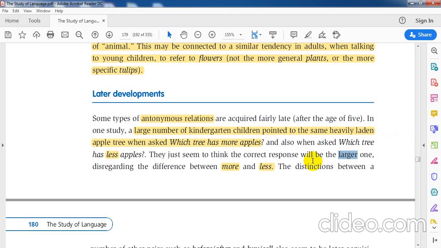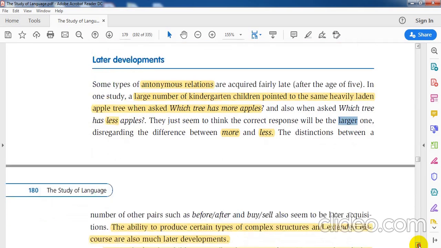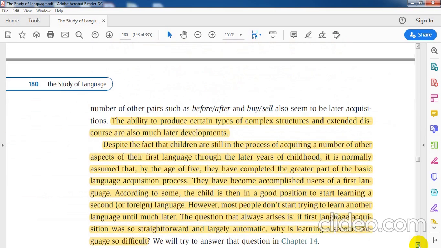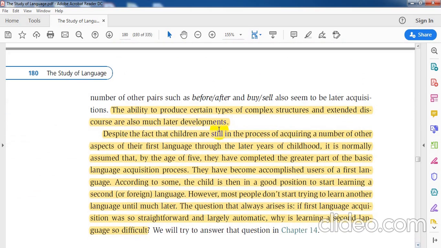That's why the answer was successfully given in that kindergarten. Now you see these children are also able to recognize the antonymous lexical relationship between before and after, as well as buy and answer, and this is evidence of the complex development of expanding their ability to develop semantically, or in terms of semantics.